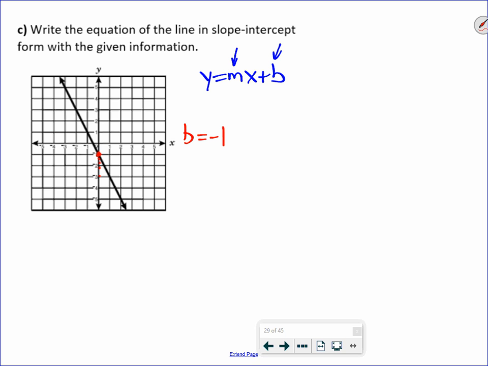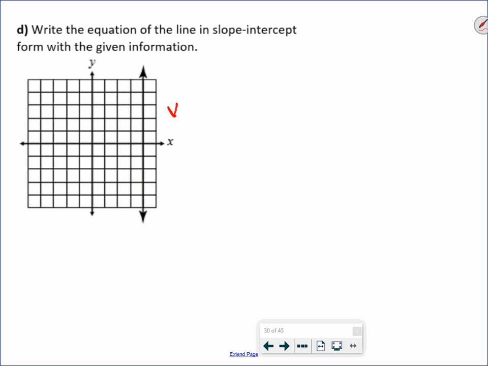So we go down 2 and over 1, and that pattern keeps continuing. So the slope is -2 over 1, or simply -2. So my equation is y equals -2x minus 1.